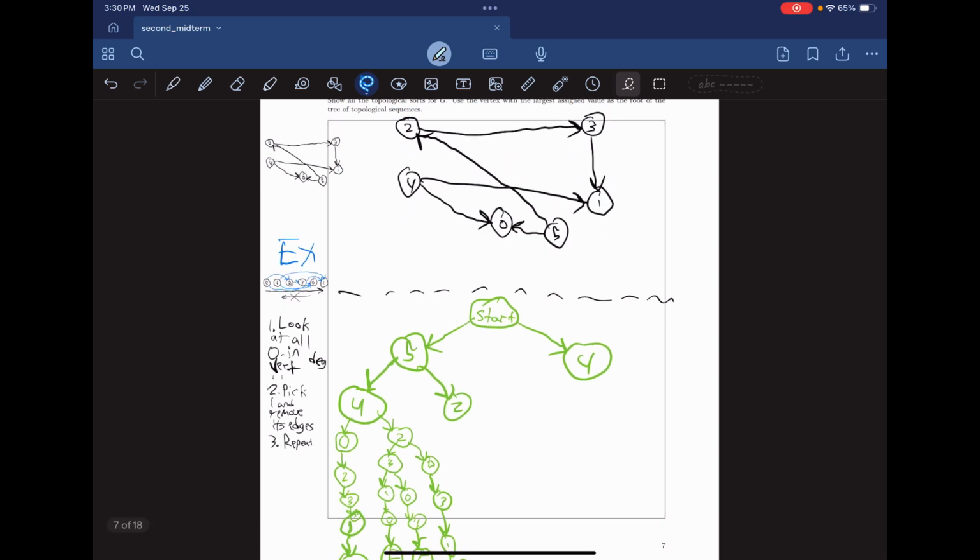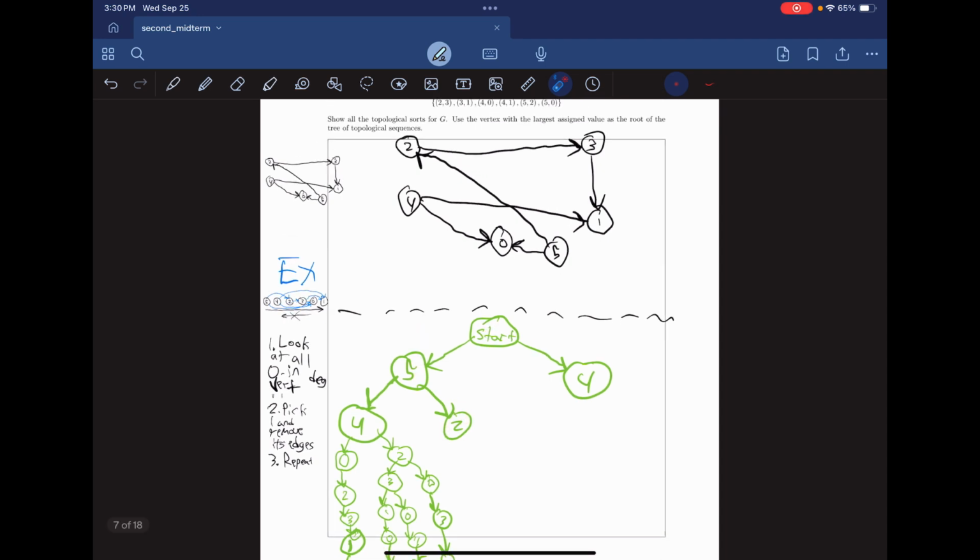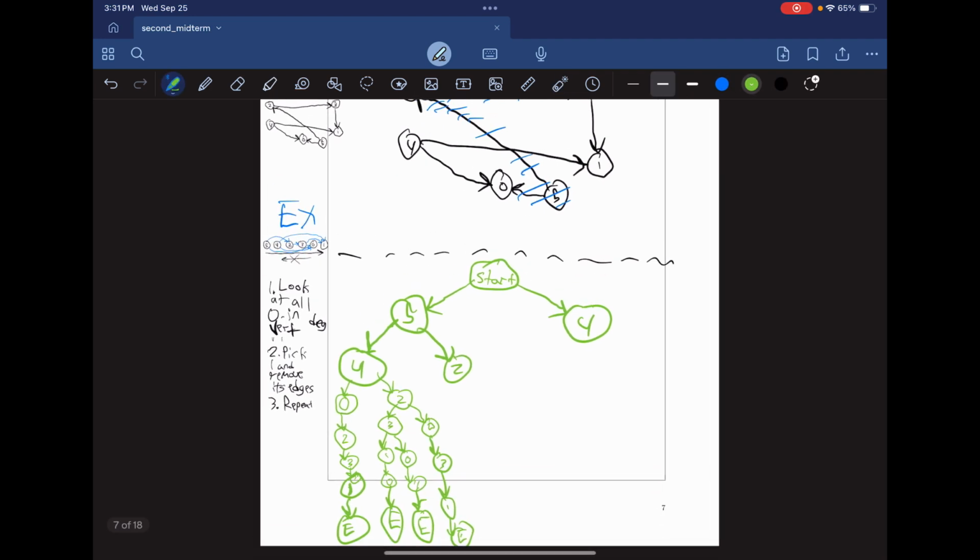All right, let's go back. So we've got start 5, 2 that we have not yet explored. So let's say that we remove 5, we remove 2, and now what are the options that we have next to remove? We could remove 3, or we could remove 4, because both of those have 0 in degrees.